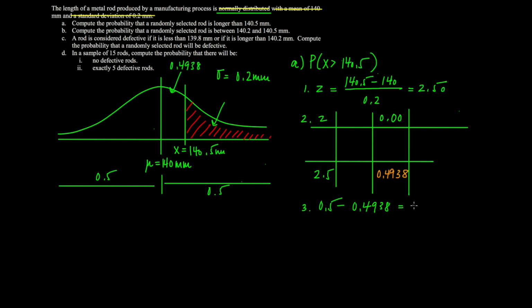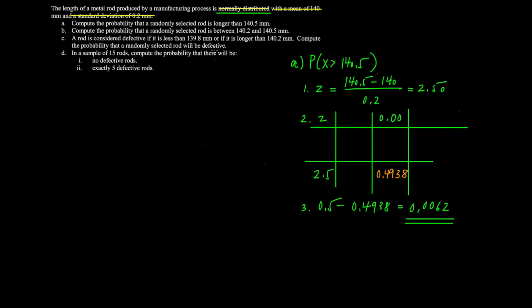And so this is going to equal 0.0062. So that right there is the answer. That's the probability that a randomly selected rod is longer than 140.5 millimeters. Okay, so let's move on to part B.